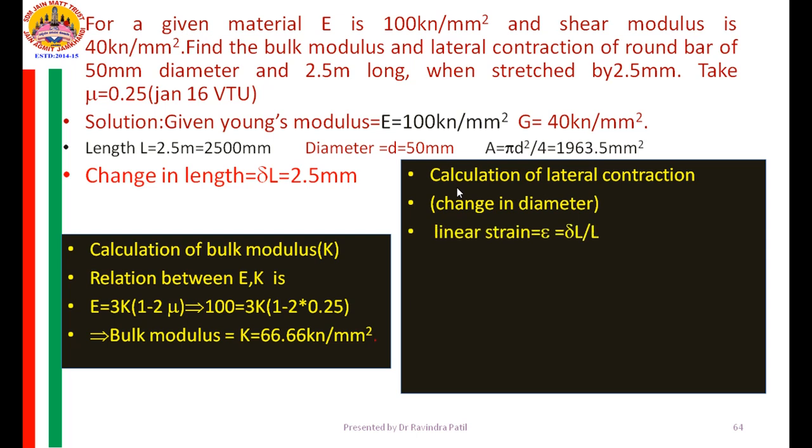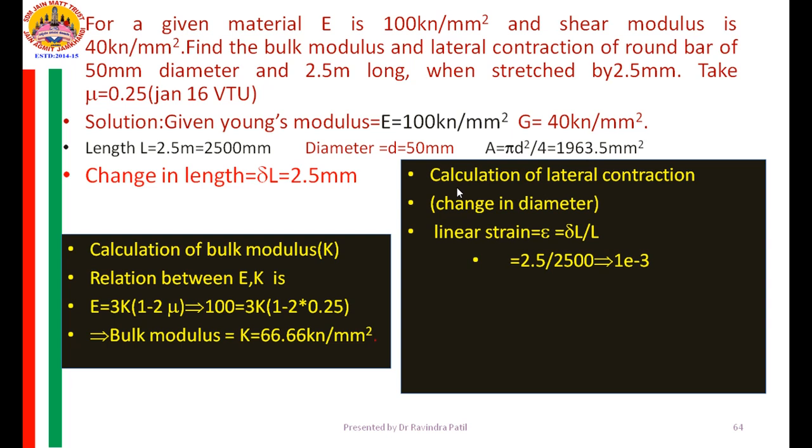When lateral contraction is asked, it means what is the decrease in the diameter he is asking. I know the linear strain, I know the Poisson's ratio, I can get the lateral strain. From the lateral strain, I can go for the change in diameter. Yes, the linear strain is nothing but change in length divided by original length.